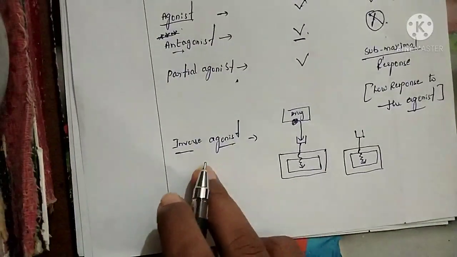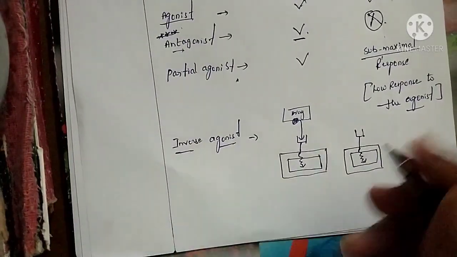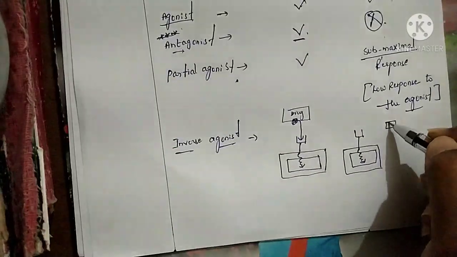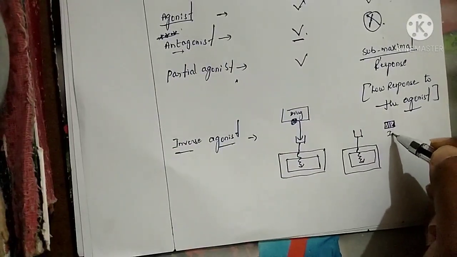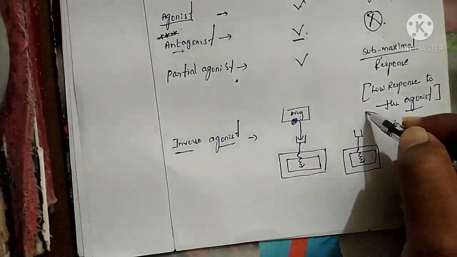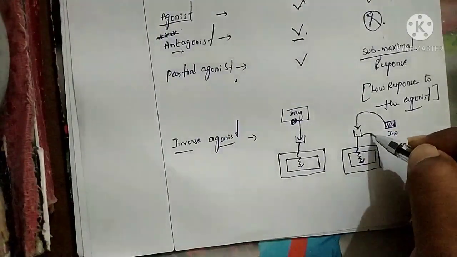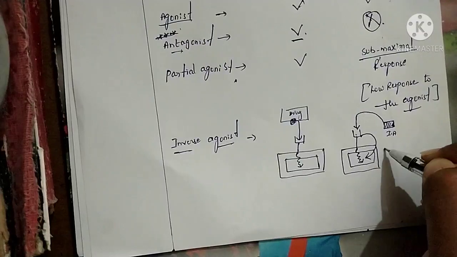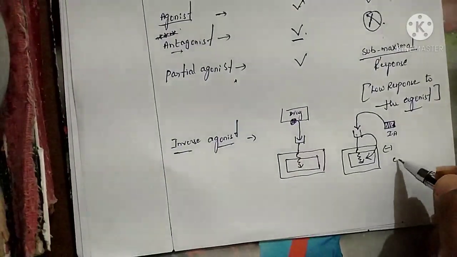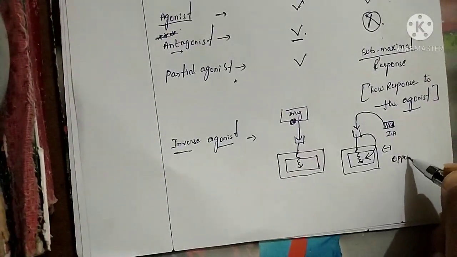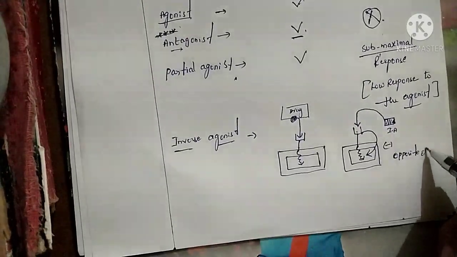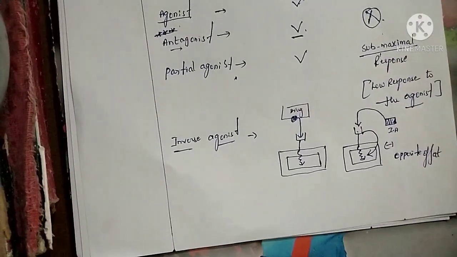In that case we will give inverse agonist. Whenever we give inverse agonist, it binds to the receptor and produces a negative effect. It means opposite effect.